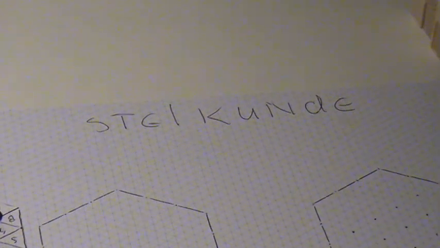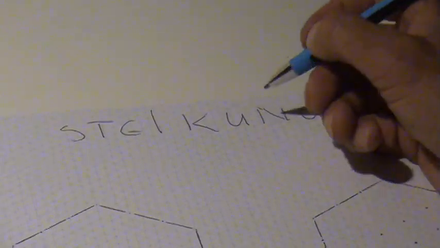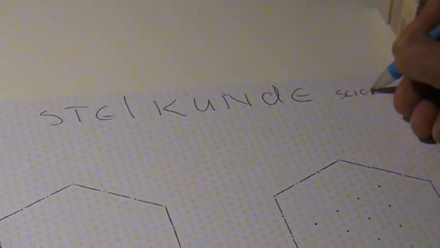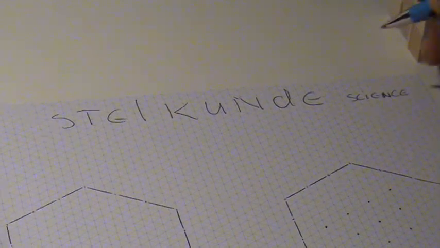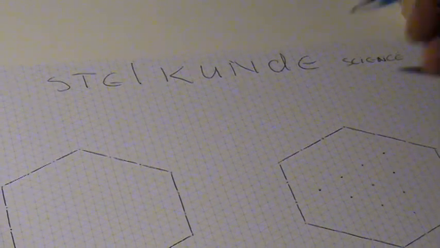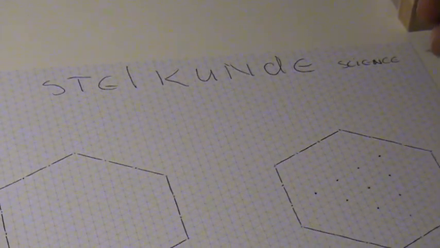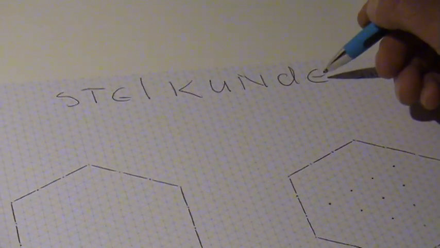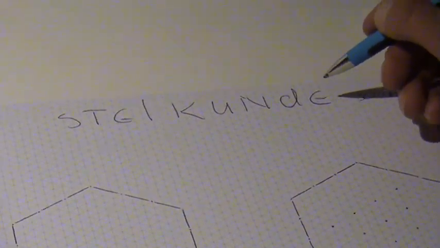And Google translates it into science. Sacred geometry is a part of mathematics. Stelkunde is a part of mathematics as well.